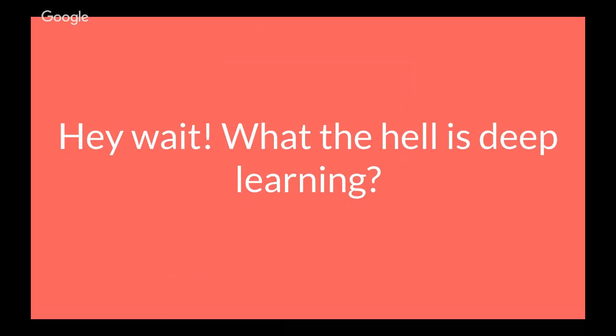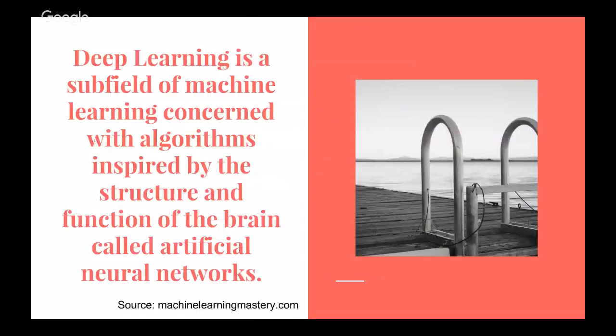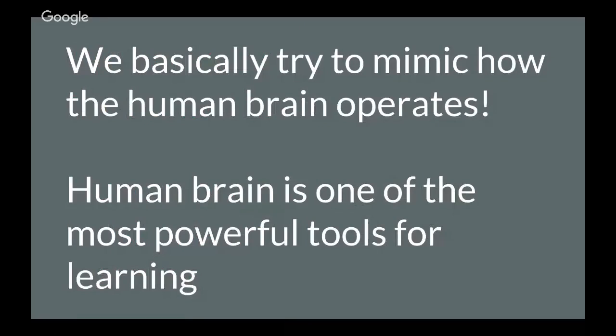But what actually is deep learning? This is the definition I found online. It's a subfield of machine learning concerned with algorithms inspired by the structure and function of the brain. Basically, in deep learning, we are just trying to mimic how the human brain operates. And as you all know, the human brain is one of the most powerful tools for learning.